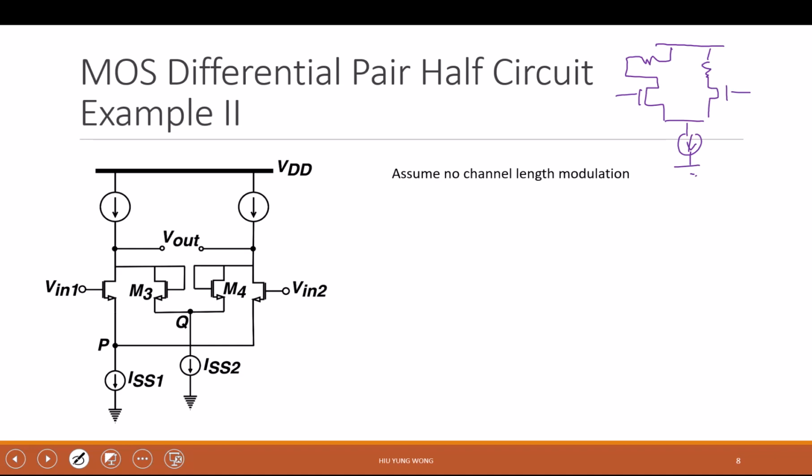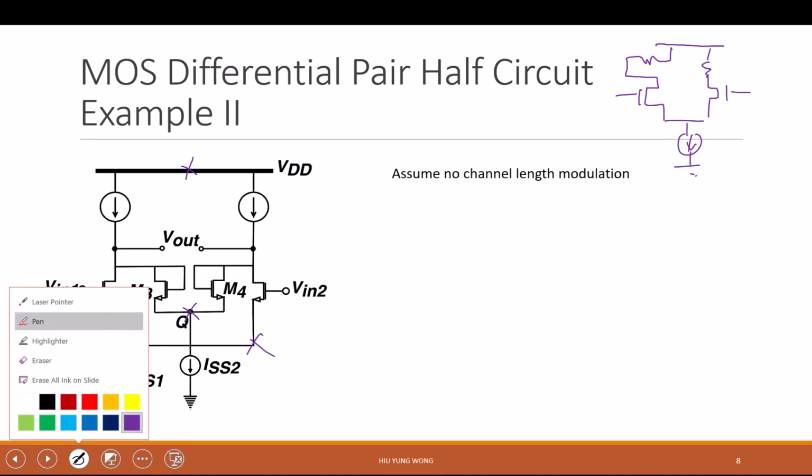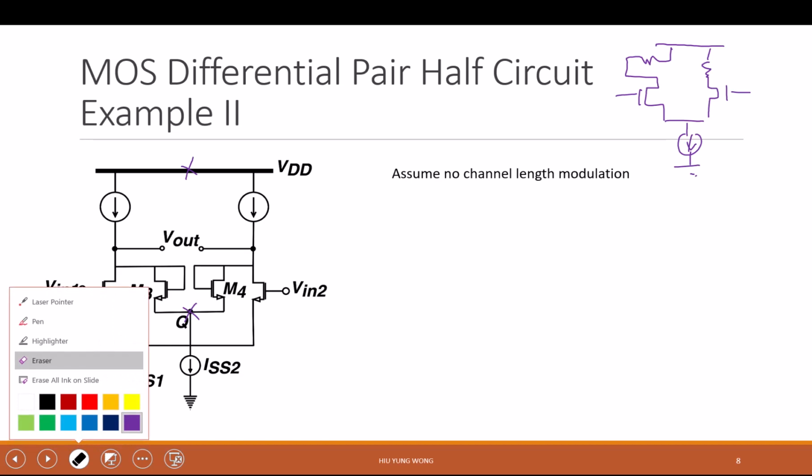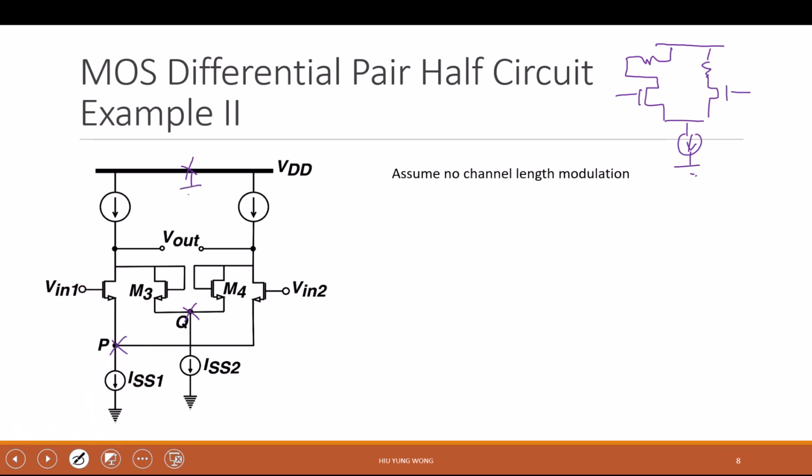You identify this is along the plane of symmetry, and you can put it anywhere. You should be able to put here or wherever because the result should be the same if there's no wire resistance. So I'm going to ground this one, which is not surprising because VDD needs to be grounded anyway, right?